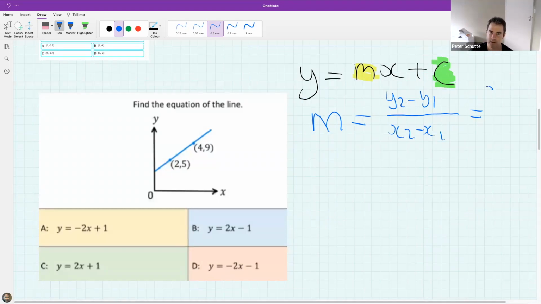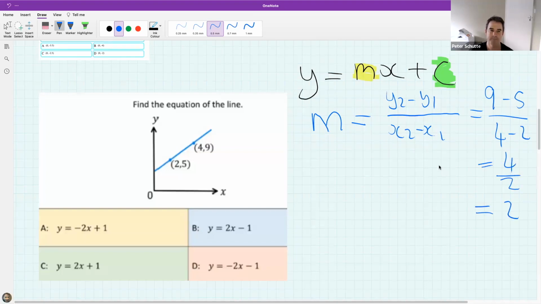It's going to be 9 minus 5 over 4 minus 2, which is 4 over 2, which is 2. So it's not going to be this one. It's not going to be that one. So I have two remaining choices. It could be B or C.